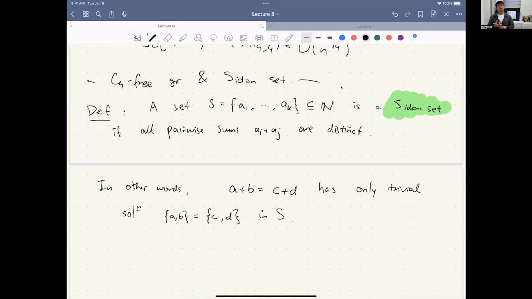What would be a simple example of Sidon sets? Here's an easy example that you might immediately think of. Okay, let's start with a question.